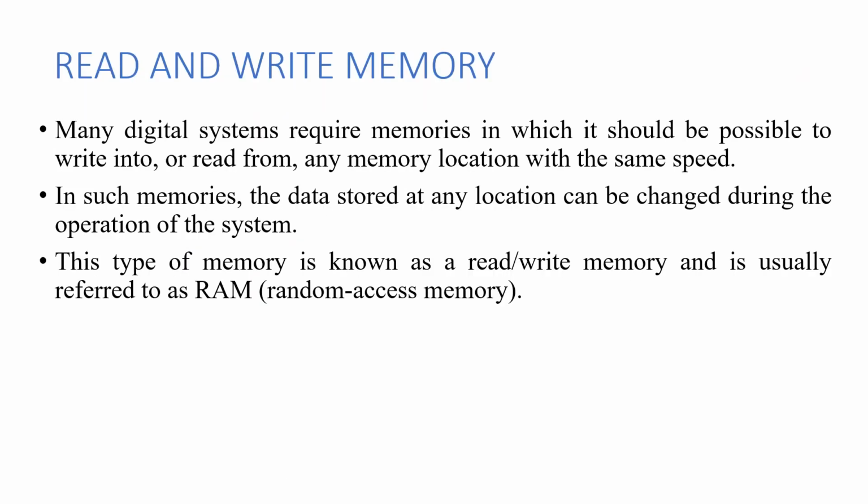Read and write memory. Many digital systems require memories in which it should be possible to write into or read from any memory location with the same speed. In such memories, the data stored at any location can be changed during the operation of the system. This type of memory is known as a read or write memory and is usually referred to as random access memory.